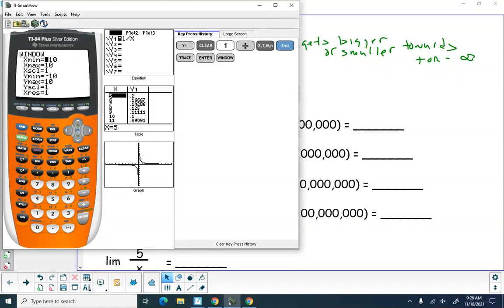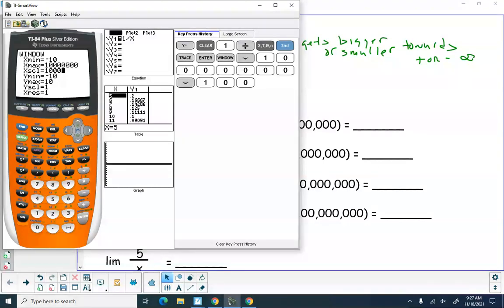We could do our x max at 1 million or 10 million, at 10 million, and scale this out every million. So I can calculate values basically at that point.